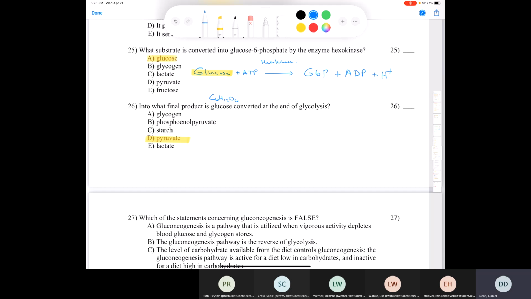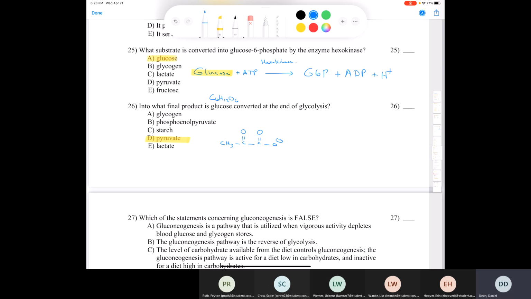We end up making 2 molecules, and so we end up with 2 3-carbon units. And so the molecule that we end up with at the end of glycolysis is pyruvate, the structure of which is we have CH3, a carbonyl, then we have a carboxylate like this.